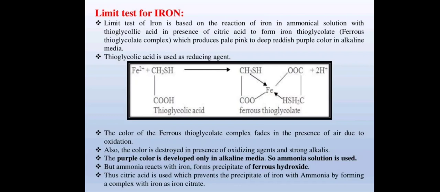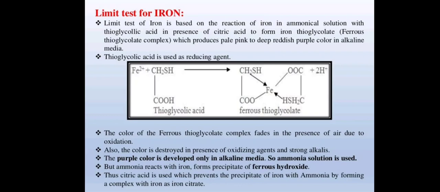So what is the reaction? Ferric iron, Fe3+, reacts with thioglycolic acid, CH2SH, in the presence of citric acid and ammonia. It will give 2Fe2+, that is, ferric iron converted to ferrous iron.